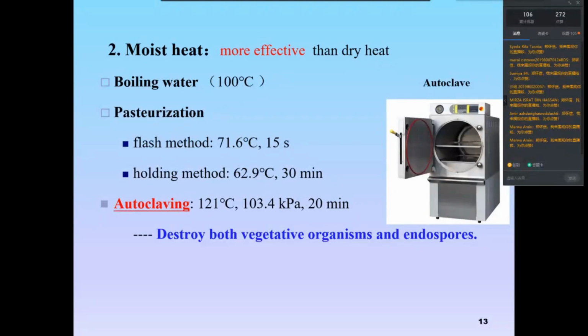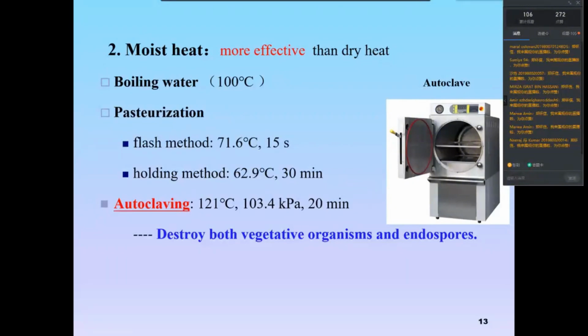Okay, another one we are more familiar with is called autoclaving. For autoclaving, you need to use a machine, or equipment, called an autoclave. This is one type of autoclave, a modern autoclave. You put your stuff in the chamber, then you close the door and turn the machine on.